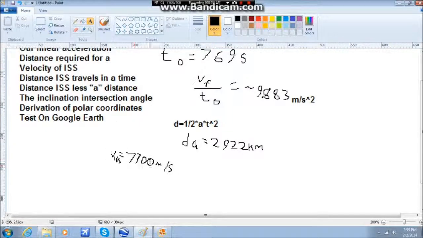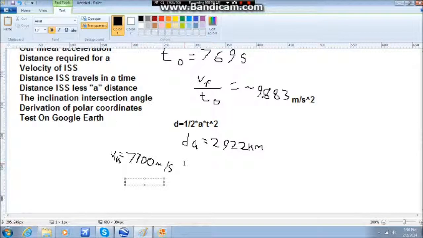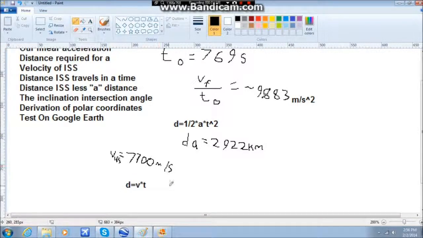And then we need to figure out how far the ISS will travel in that time. D is defined as velocity times time. Therefore, DISS, which is going to be the distance the ISS will move during our ascent, is going to be 769 seconds times the ISS velocity of 7,700 meters per second.